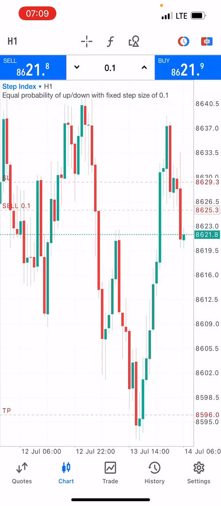Firstly guys, first strategy I use on trading step index is the price action strategy. I shared this strategy with you guys, I think 3 to 4 days ago, explaining when you should buy or sell step index, checking your support, resistance, and your trend lines.